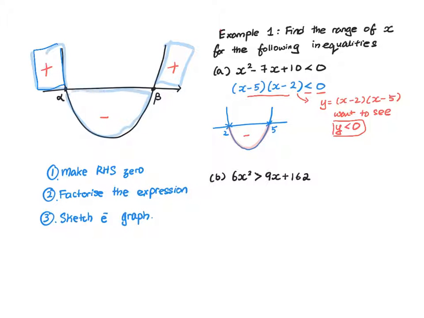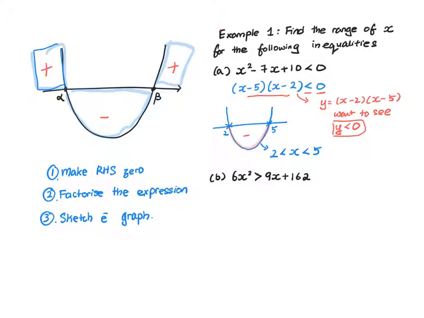It's always very important that if you are unsure, it will be good for you to sketch the graph. The answer at the bottom is what I want, so when x is between 2 and 5, it falls in the region that I want. So my answer is x between 2 and 5.